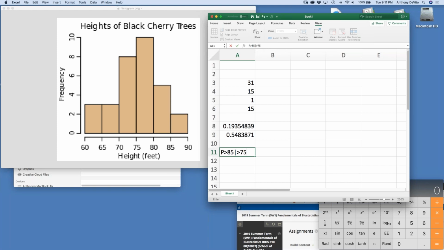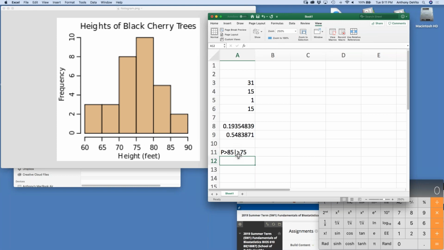It's kind of tall for a cherry tree, right? I'm not sure where I got this data, but what's the probability of choosing a tree that's 85 feet tall, given that we know it's 75 feet? In other words, perhaps we restricted our search to the part of the forest where the trees were all greater than 75 feet or something like that. So what's that probability?